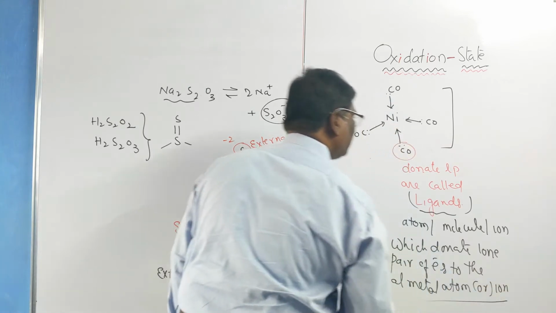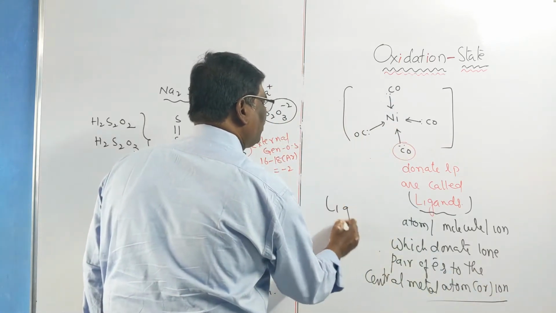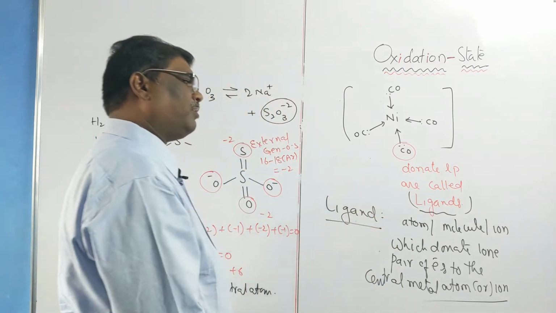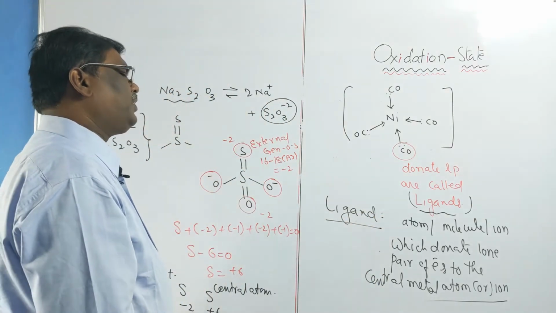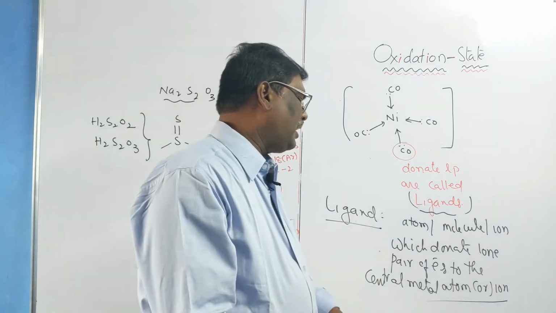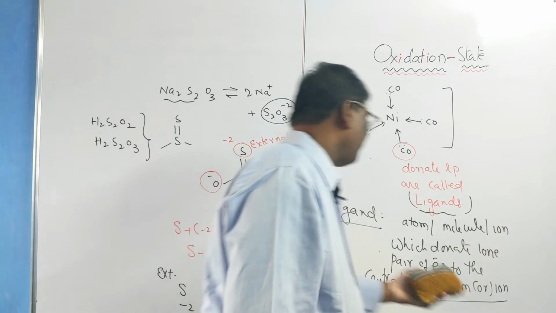So simply, a ligand is the atom or molecule or ion or species which donates lone pairs of electrons to the central metal atom or ion.